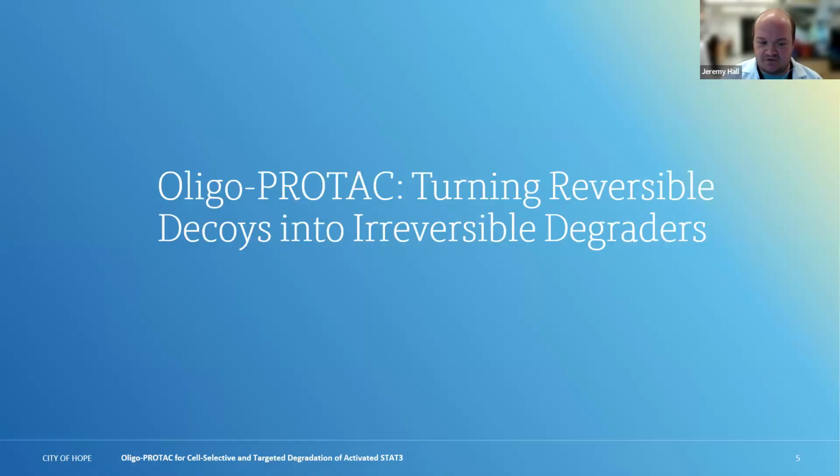But at the end of the day, those decoys actually have short-term, temporary, reversible activity. So in an effort to essentially take this up a notch and bring about irreversible degradation, we decided to apply the decoy oligo to a PROTAC model.